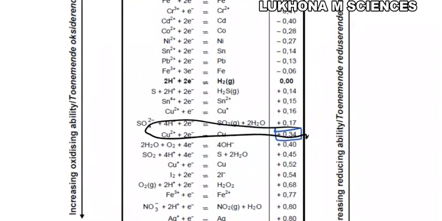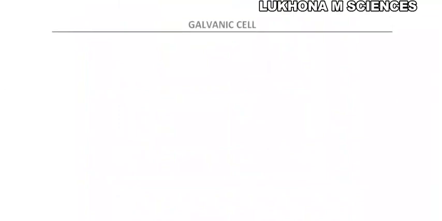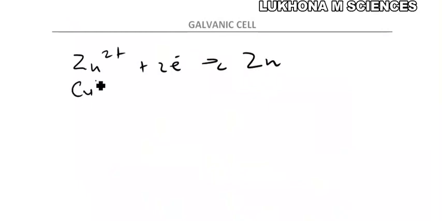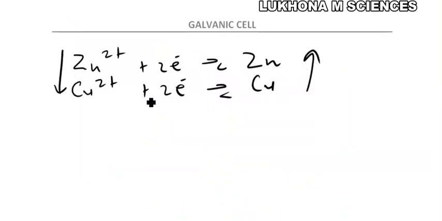So we are going to start with the zinc. We have the Zn2 plus 2 electrons. Then we have zinc here. Then we have Cu2 plus 2 electrons. Then we get Cu here. There is this arrow. There is that arrow.